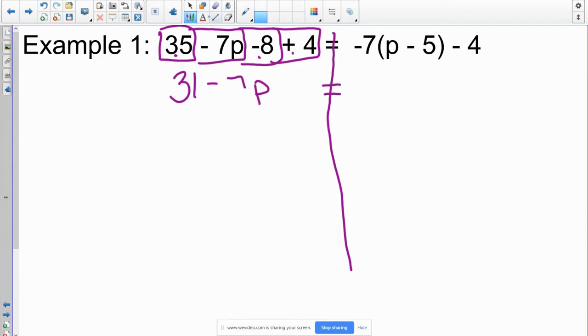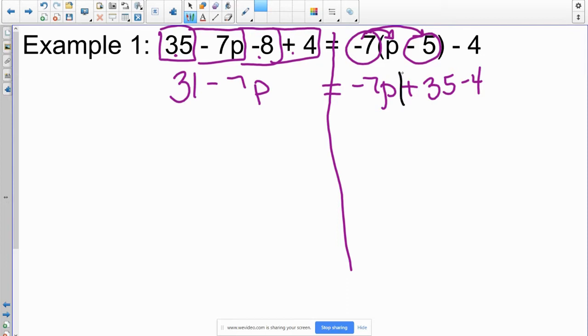On this side, I'm going to distribute. So I'm going to take -7 times the p, which is -7p. I'm going to take the -7 times -5, and when you take two negatives and multiply them, you get a positive 35. And then I notice the -4 is tagging along. I reevaluate what I've got so far. I notice that I can combine some terms here since they're alike.